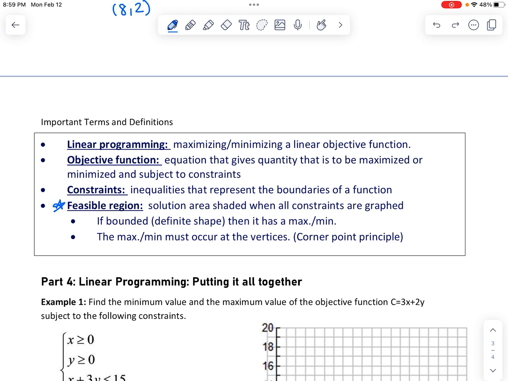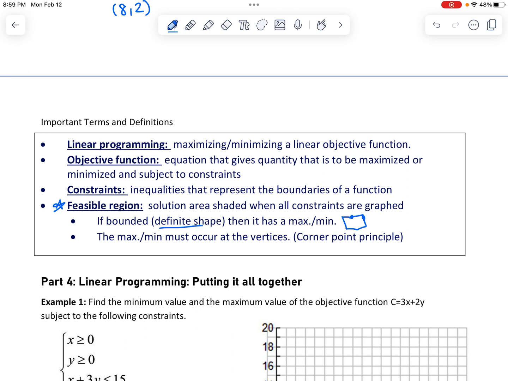The feasible region can be bounded, which has a definite shape. So like thinking back to geometry, if it has some shape where there are outsides on all the sides, that's what bounded means, then there is a maximum or a minimum for that region.